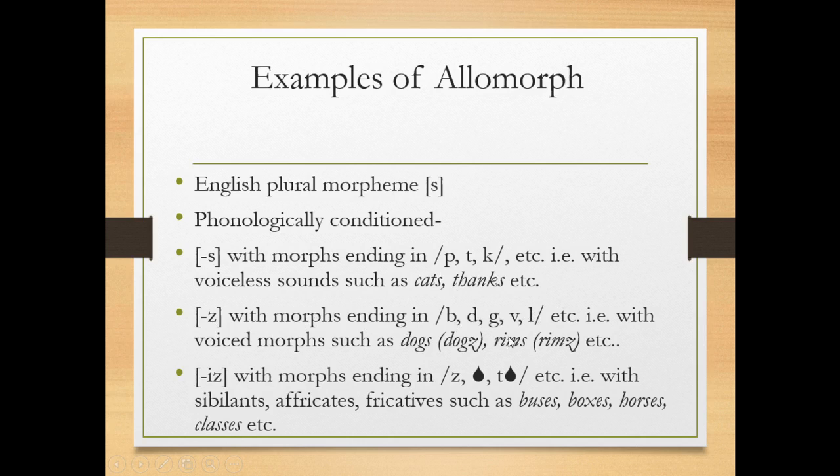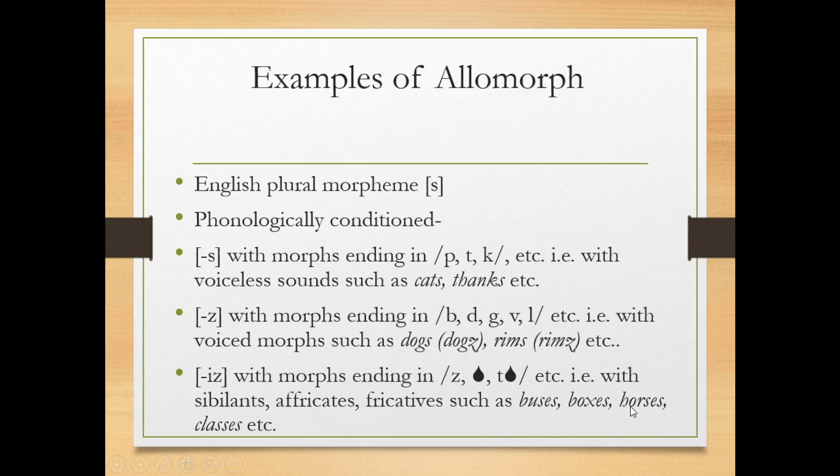But after voiced sounds, this s is pronounced as z. Dogs, rims. Look at s and z. This is the same morpheme, but this morph has two different phonetic realizations. This is one variety of the same morpheme and this is the other variety. These are allomorphs.